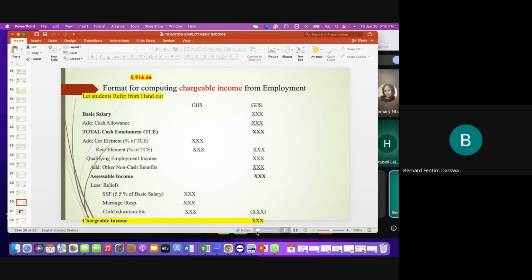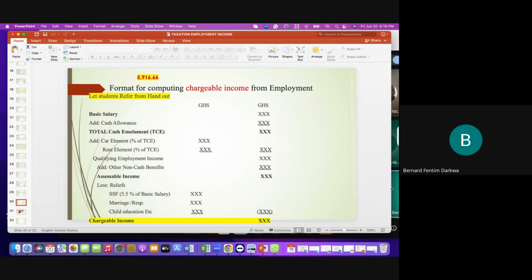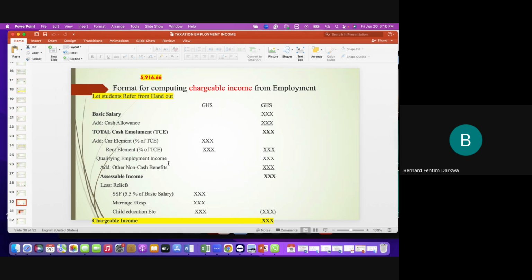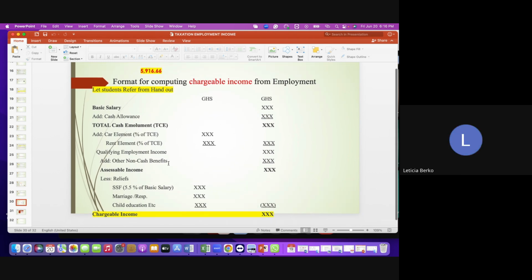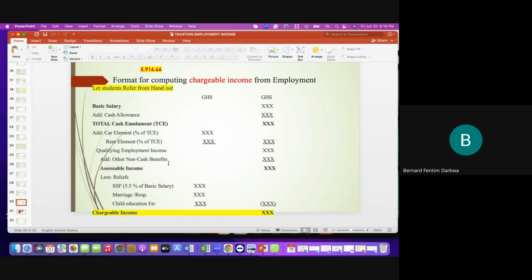Okay, so the format is on your screen. I want to believe that you can all see it. Yes, sir. If you are to calculate employment income, this is the format we are going to use.